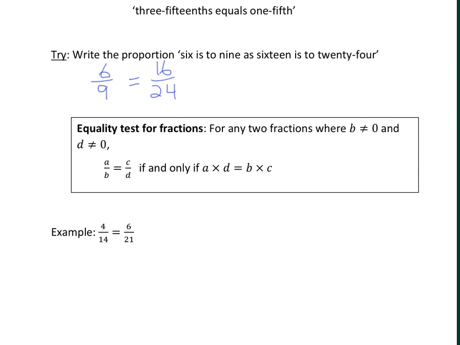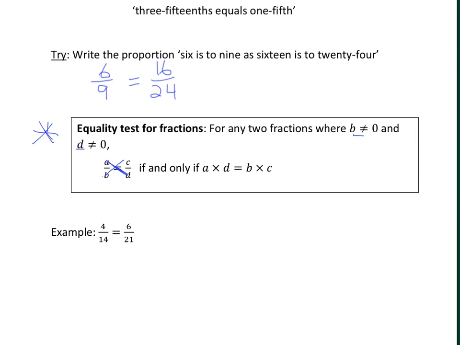And the rule is this. It's called the equality test for fractions. And it states that for any two fractions where the denominators are not equal to 0, the two fractions are equal if and only if A times D equals B times C. See how we're taking the numerator of one and multiplying it with the denominator of the other, and the numerator of the other with the original denominator.